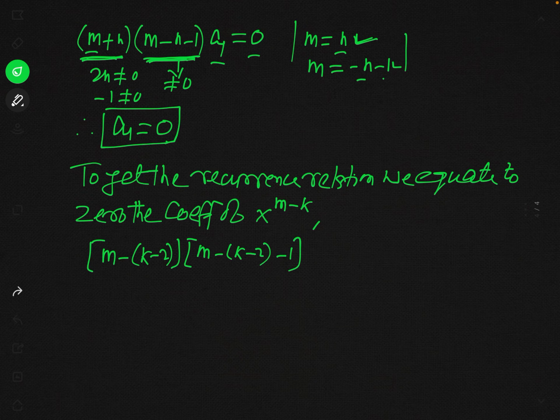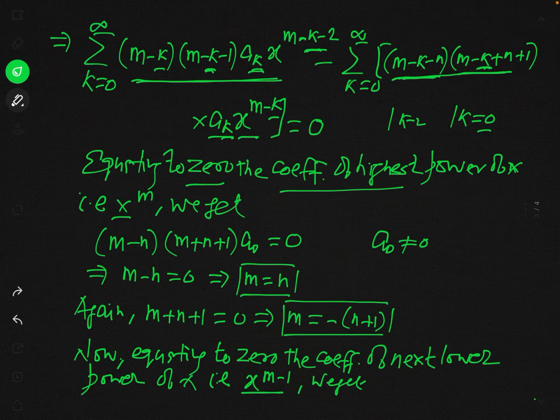Again k we will write as k minus 2 and minus 1, and a k, now k will be k minus 2, and finally the coefficient of a k minus 2.